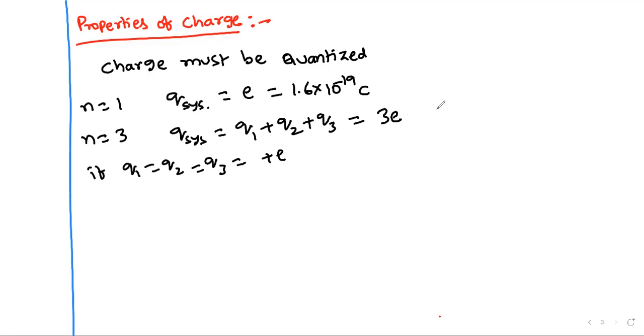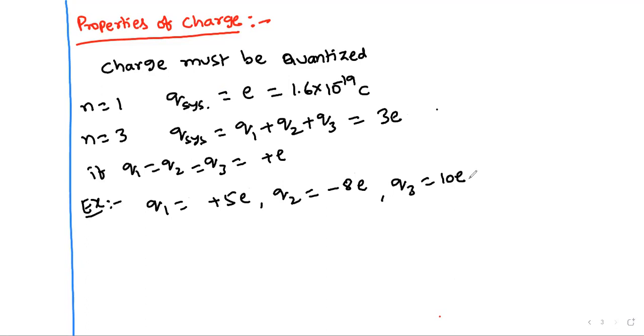Need not necessarily all the times the charges will be the same. Let us consider an example. Q1 equal to plus 5e, Q2 equal to minus 8e, Q3 equal to plus 10e.